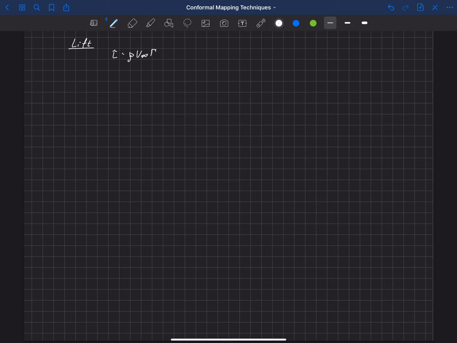In the previous video we saw the expression for gamma, and if we plug that in here, what we get for the lift is 4 pi rho v infinity squared times the square root of r squared minus eta naught squared times the sine of alpha plus eta naught times the cosine of alpha. Okay, so that's the section lift.